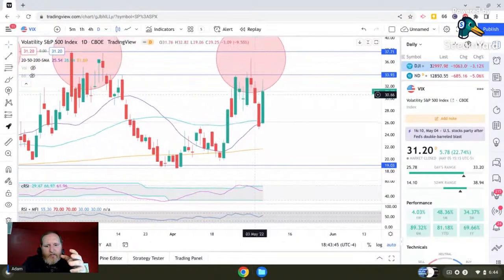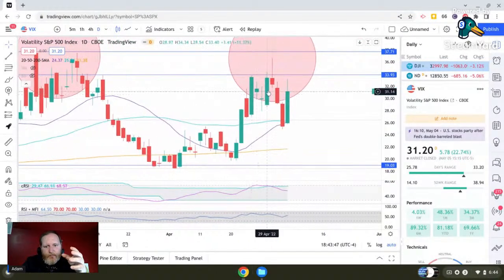So if we look at our current circle, the one to the right now, it got above 35 on May the 2nd. And then we had a nice rebound on May the 2nd, a green day on May the 3rd, and a green day on May the 4th. May the 5th, it got back in there, but it's not quite to 35.